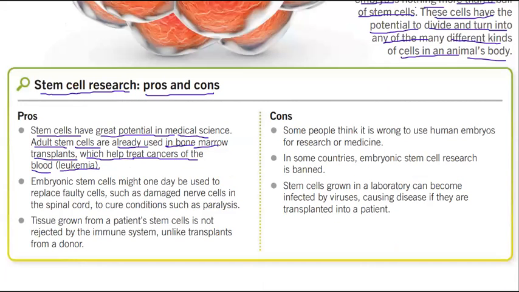Embryonic stem cells might one day be used to replace faulty cells, such as damaged nerve cells in the spinal cord, or cure conditions such as paralysis. And coming to another one, tissues grown from a patient's stem cells are not rejected by the immune system, unlike transplants from a donor.